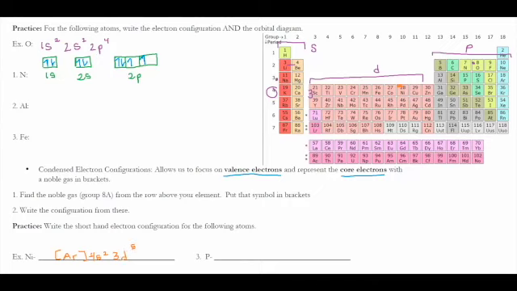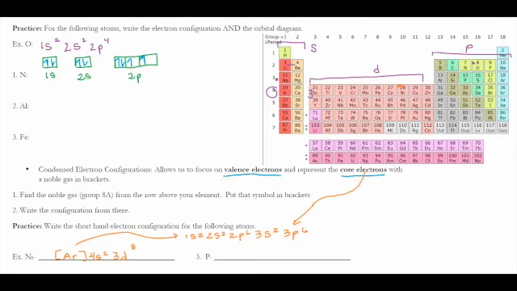So what this allows me to do, for argon, the electron configuration would have been 1s2, 2s2, 2p6, 3s2, 3p6. These are my core electrons. They have nothing to do with any of the reactions or formations of compounds that are going to happen.